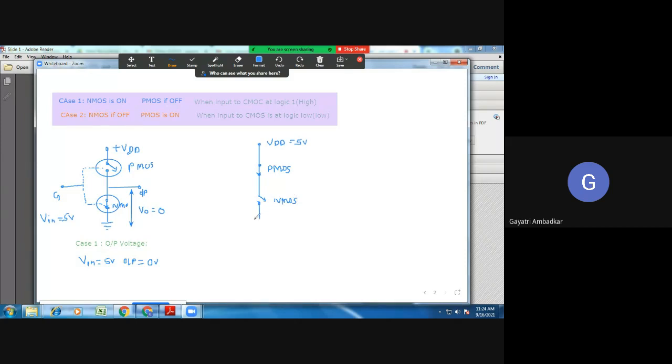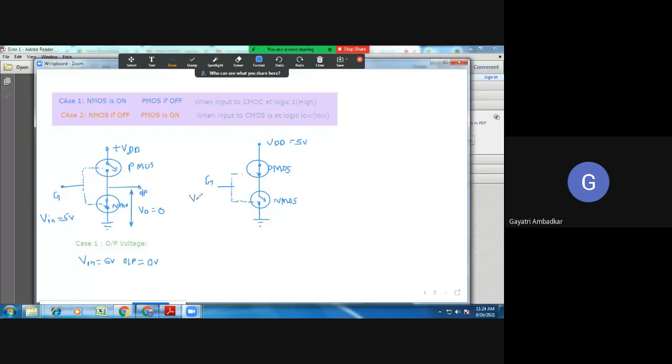Okay, this is the ground. This is your common gate.